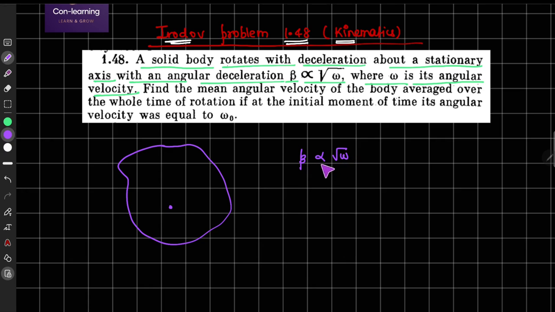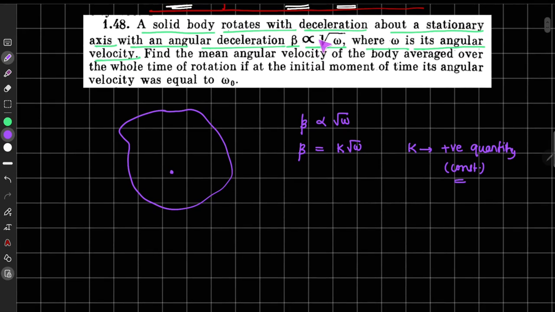If we remove the proportionality sign and equate, we can write beta is equal to k times root of omega, where k is a positive constant. Now, as the solid body is decelerating, we can write beta as minus d omega by dt, which is equal to k into root of omega.